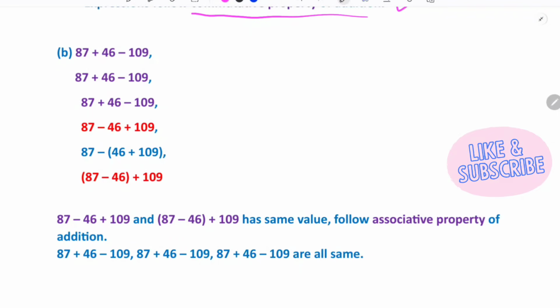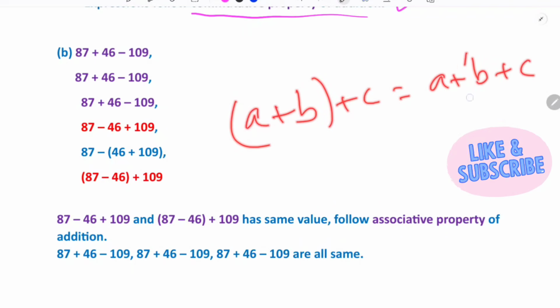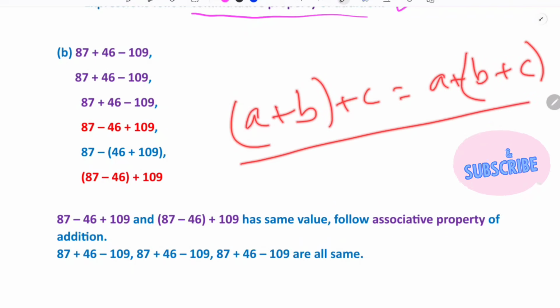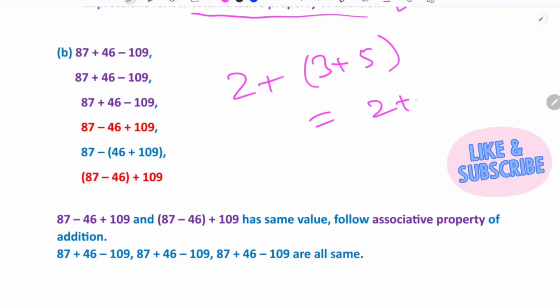What about the other one? Associative property. Associative property means what? A plus B plus C is equal to A plus B plus C. Regrouping. So if you regroup the terms, there is no issue. If you have three values, if you regroup, for example, 2 plus of 3 plus 5 is same as 2 plus 3, one group, plus 5.